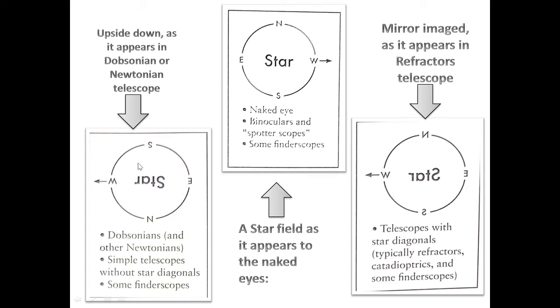A simple telescope without a star diagonal, and this is what the reflector telescope shows. The image is mirrored and upside down. North is there, south is there, but it is reversed. East is opposite, toward the right, and west is toward the left.